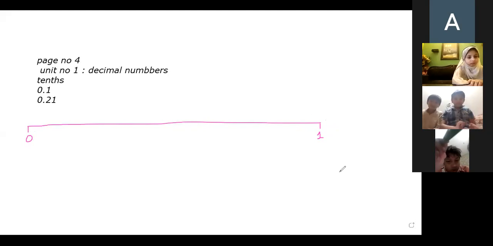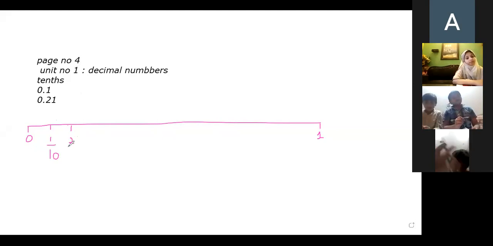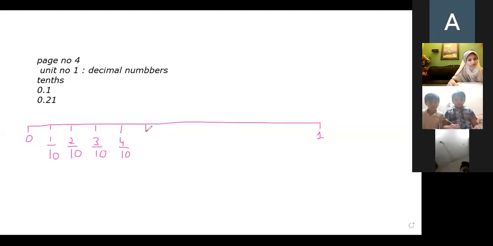So after 0, the first line that shows is 1 by 10. The second one is 2 by 10. Third one is 3 by 10. Again, the next one is 4 by 10. Now we have 5 by 10.